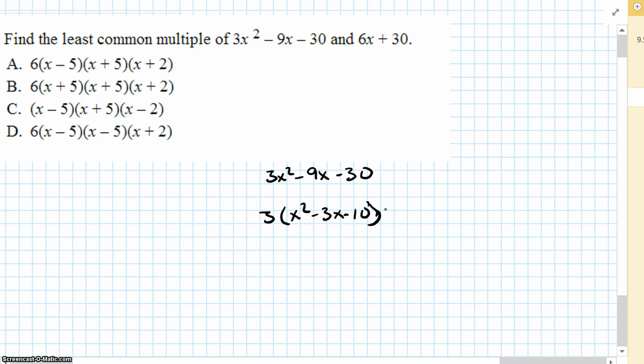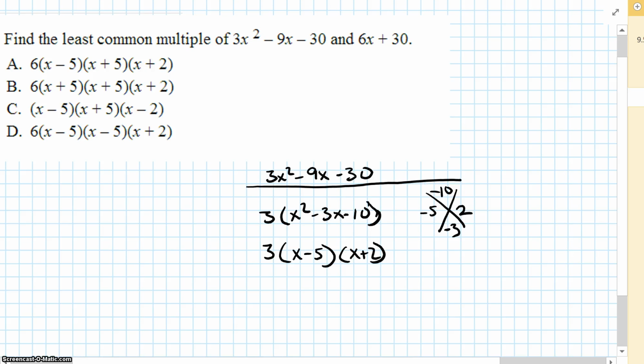See if we can x-factor that. A times c is negative 10. B is negative 3. Two numbers that give me a product of negative 10 and a sum of negative 3. So negative 5 and 2 do. So I can rewrite this as 3 times x minus 5 times x plus 2. So okay, I factored that down.